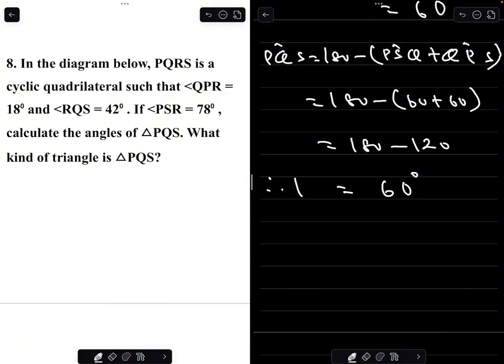So that therefore means angle PQS is also equal to 60 degrees.